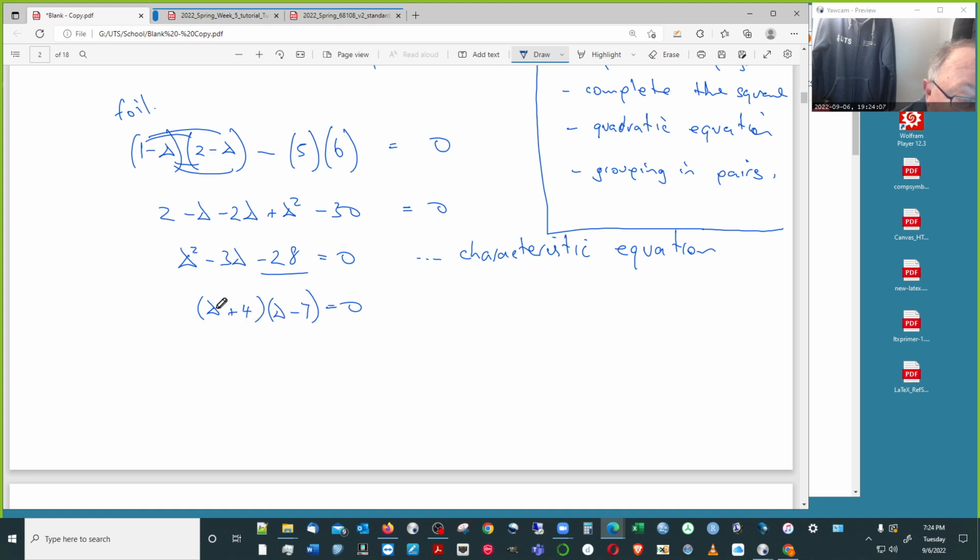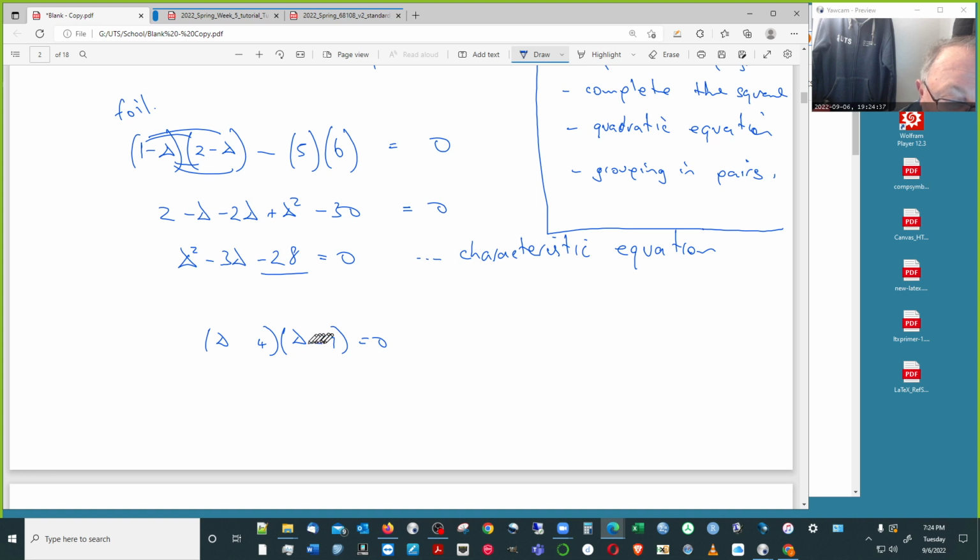If we check that, lambda times lambda is lambda squared, minus 7 lambda. Actually, there's a learning opportunity here. Let me just quickly do this. Sorry, I'm going to move that down a little bit. What did I say? 7, I put it up there, it doesn't matter where you put it.